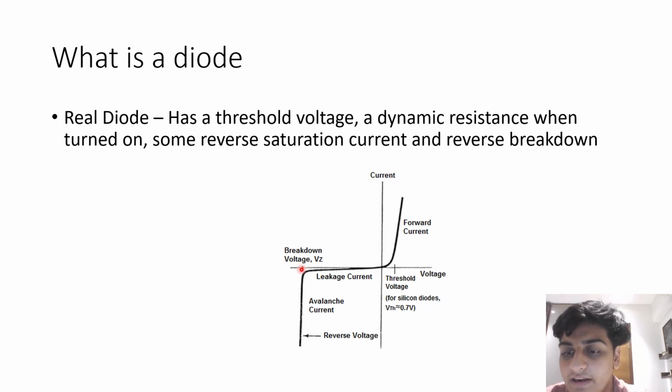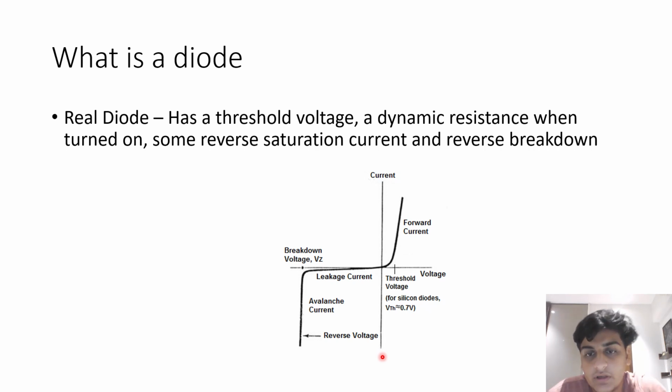So it can be used in circuits to regulate voltage because no matter how much current you try and force through it, it maintains the same voltage in this region. Yeah, so you can look into that. This is how a real diode works.